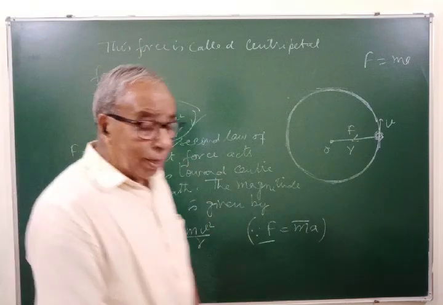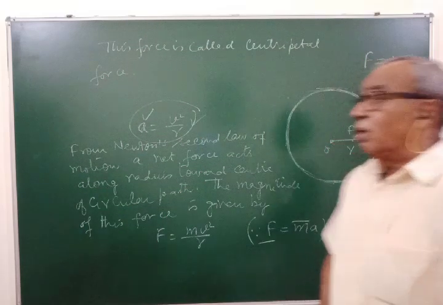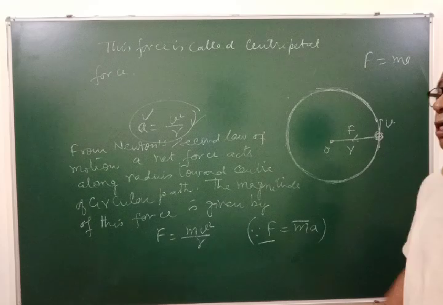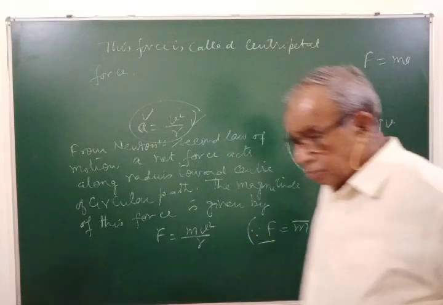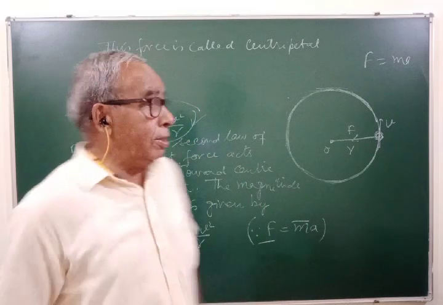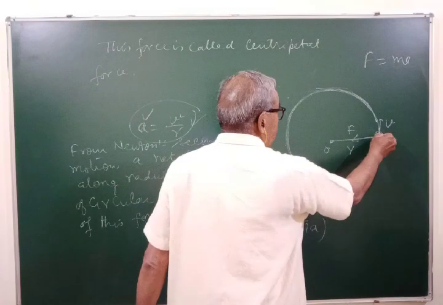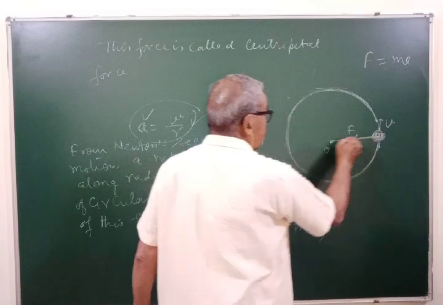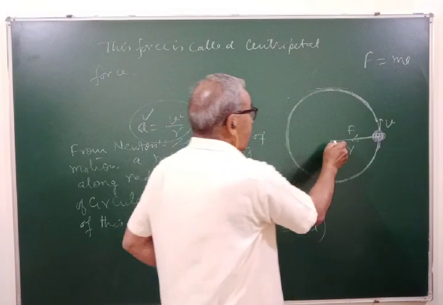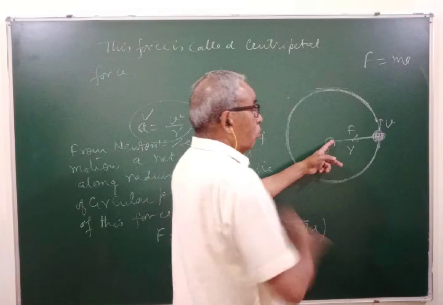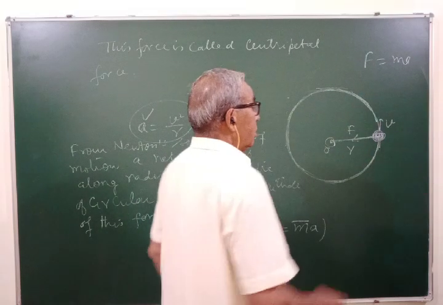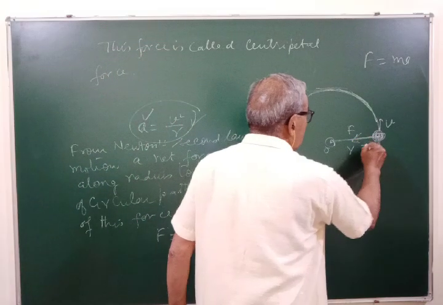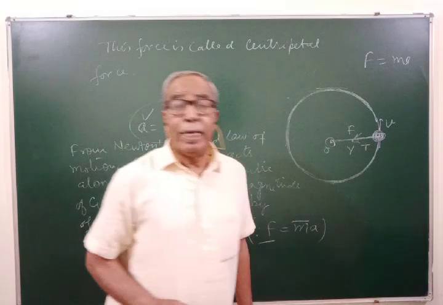Here, please be very careful. People don't understand what the central force is and they start calling it centrifugal force. Suppose here is a stone tied with a string, and by picking it up in our hand we rotate it, then who provides the centripetal force? The tension in the string will provide the necessary force.